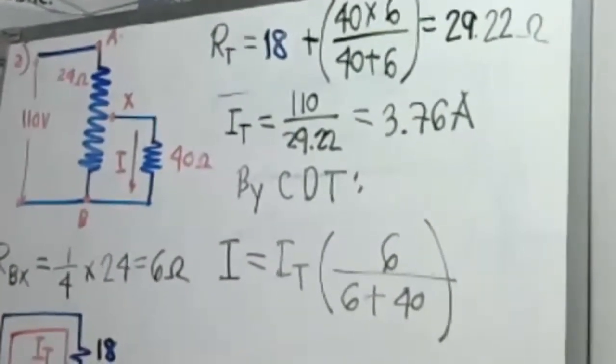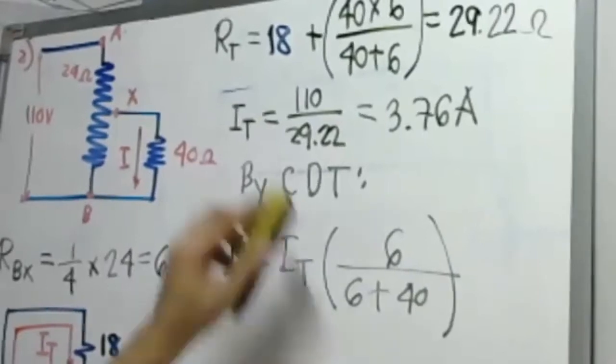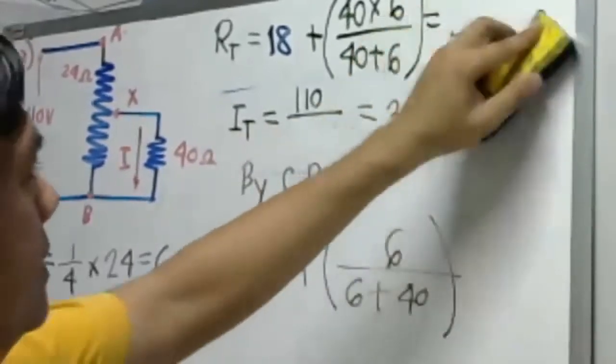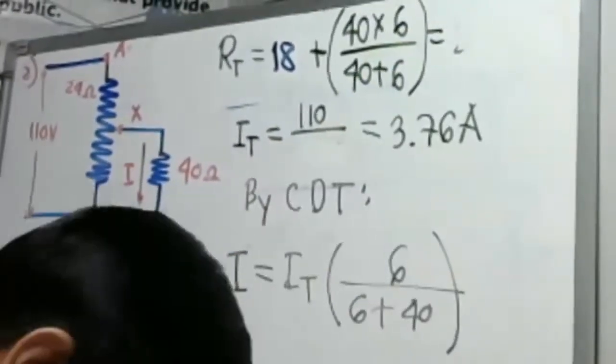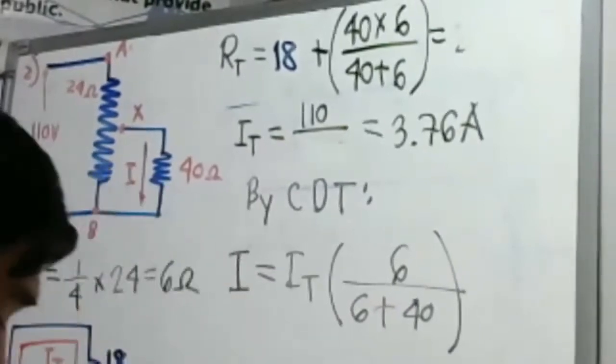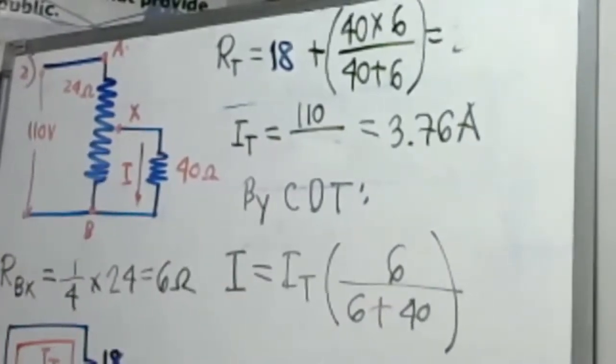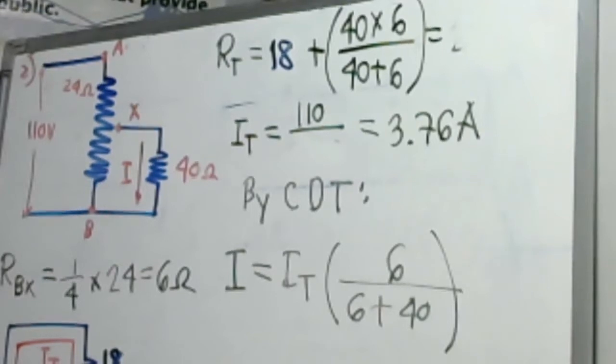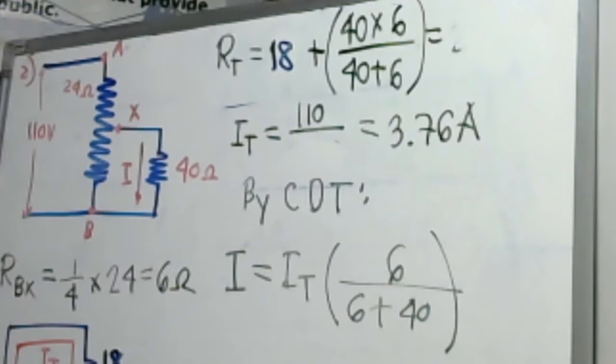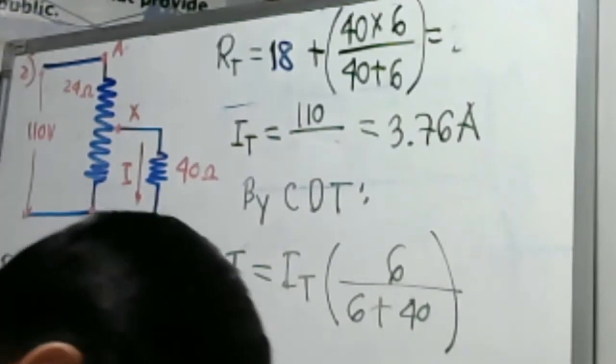So therefore, the answer here, may I correct this? So that is 40 times 6 divided by 46 equals, then plus 18. So 23.22.